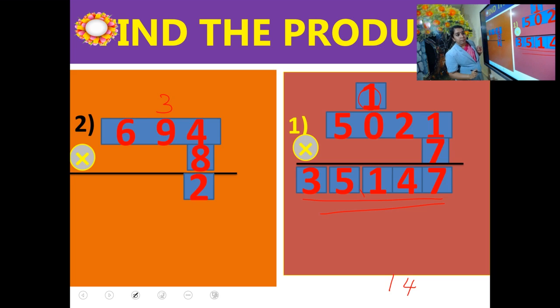Then what is the next step? So the ones place is over. After writing, if there is a carryover, you have to write it in the tens place. Then multiply 8 and the digit in the tens place. That means 8 nines. 8 nines are, yes, 72.